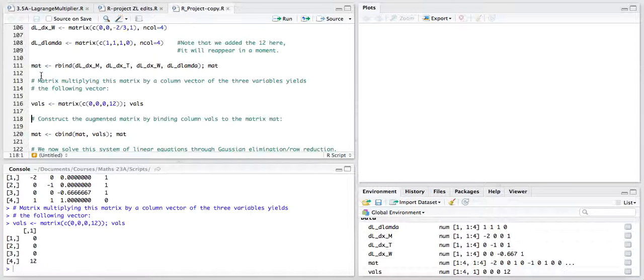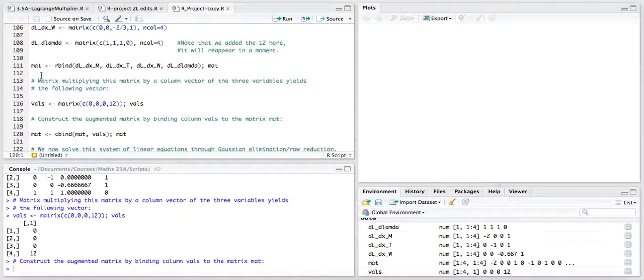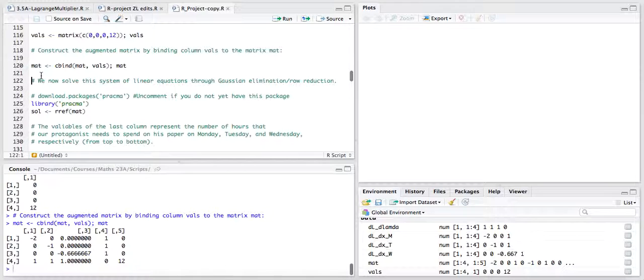So now we construct an augmented matrix by binding our matrix mat with our column vals and get the following.